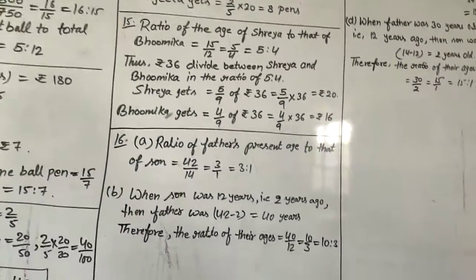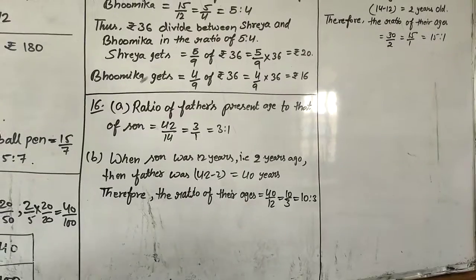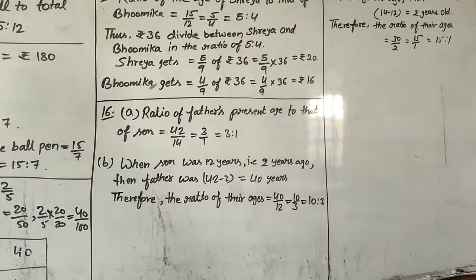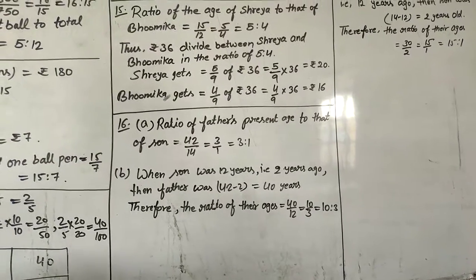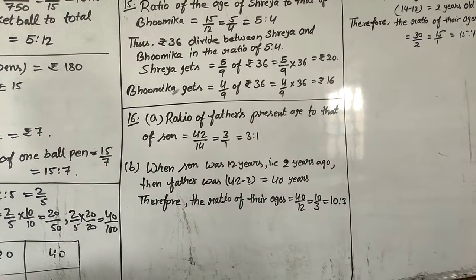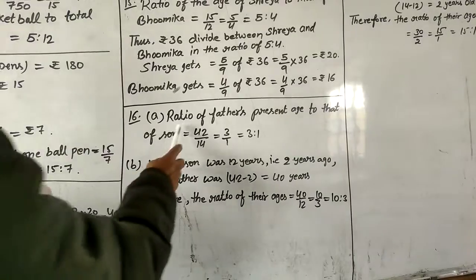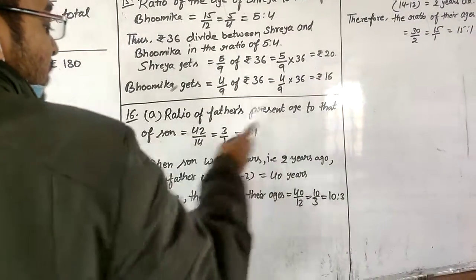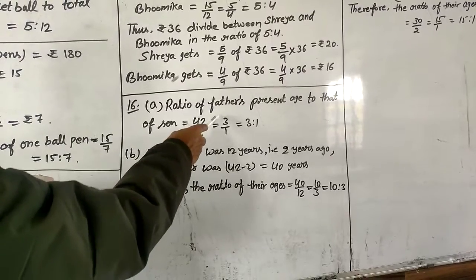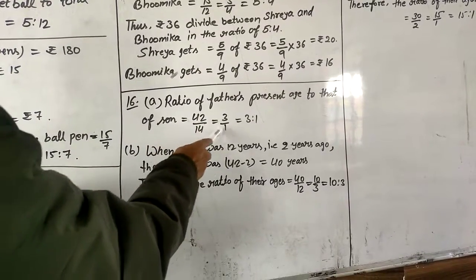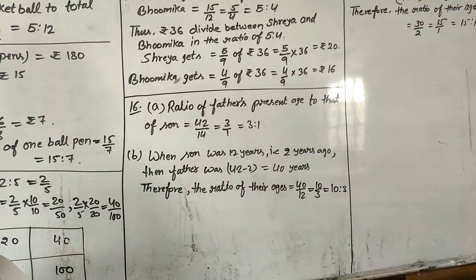Question number 16: The present age of the father is 42 years and that of his son is 14 years. Find the ratio of: A part, the present age of the father to the present age of the son. So the ratio of the father's present age to that of the son is 42 upon 14. Cancel by 14: 42 is 3 times, 14 is 1 time. So 3:1.